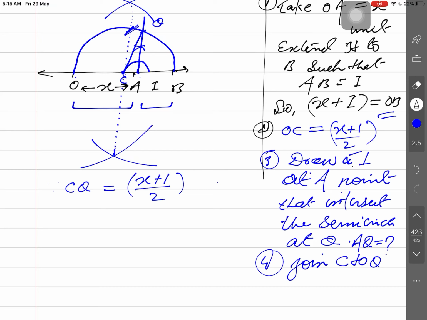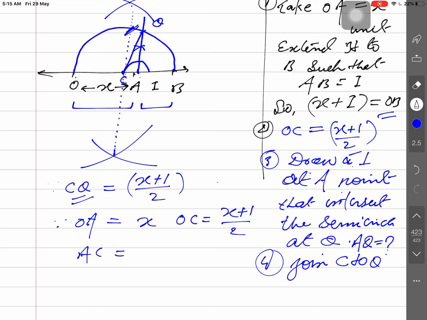O to A, how much is O to A? Since O to A is the x we have taken, and OC is x plus 1 by 2, we have to find out CA. AC can easily be found out.